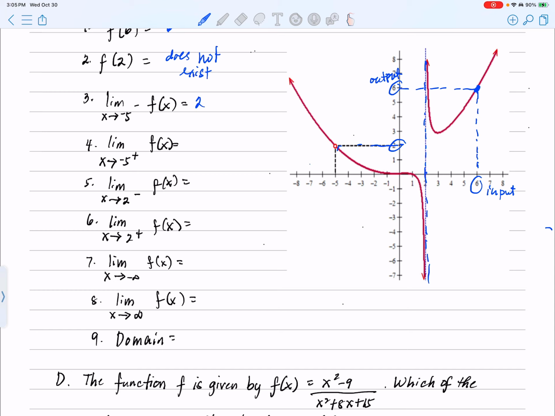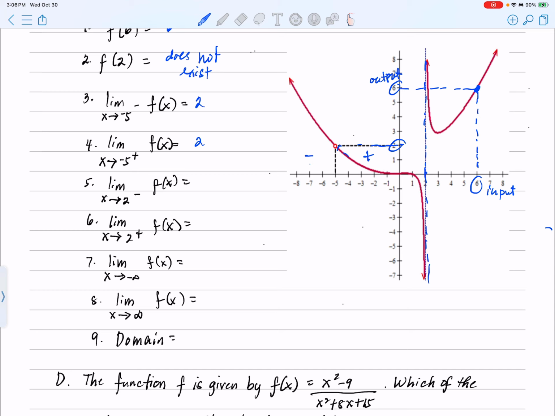Same thing when from the right or left, it's still approaching 2. Okay. The limit of x at 2 from the left and from the right. So we are talking about the asymptote here.